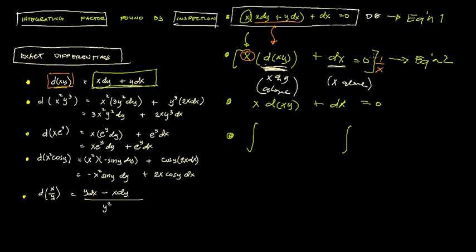If we multiply this as our integrating factor, then our equation looks like this: the derivative of xy plus dx over x, equals 0.